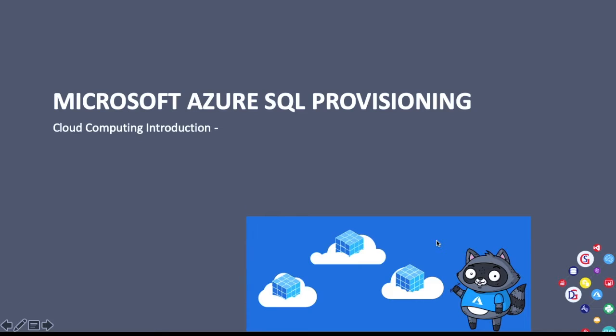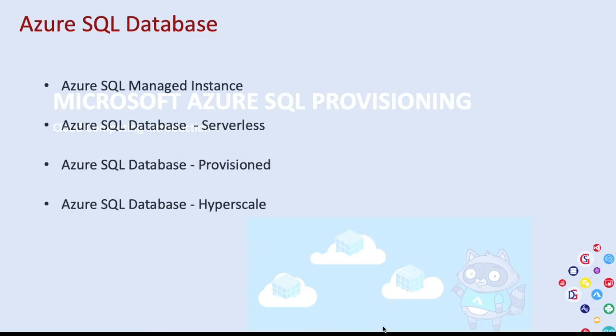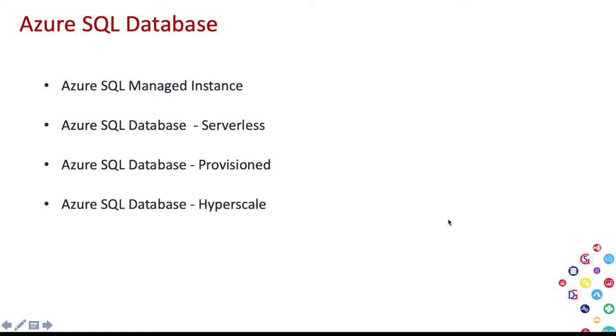Okay, now let's talk a little bit about how to provision a SQL Server, Azure SQL in serverless mode. Here we have 4 service models: scalable, intelligent, and with almost full compatibility with the latest SQL Enterprise Edition.